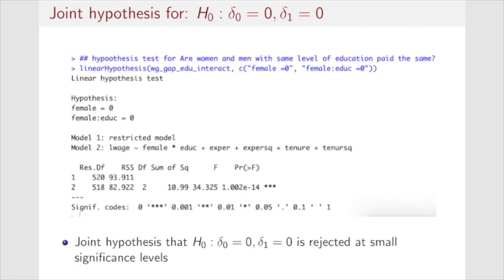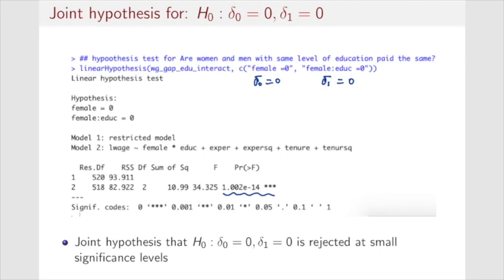For the joint hypothesis that women and men with the same level of education will have the same payment, we test this joint hypothesis in R. The null hypothesis is that the parameter for the binary variable female, delta 0, equals 0 and the interaction term for female and education, delta 1, equals 0.